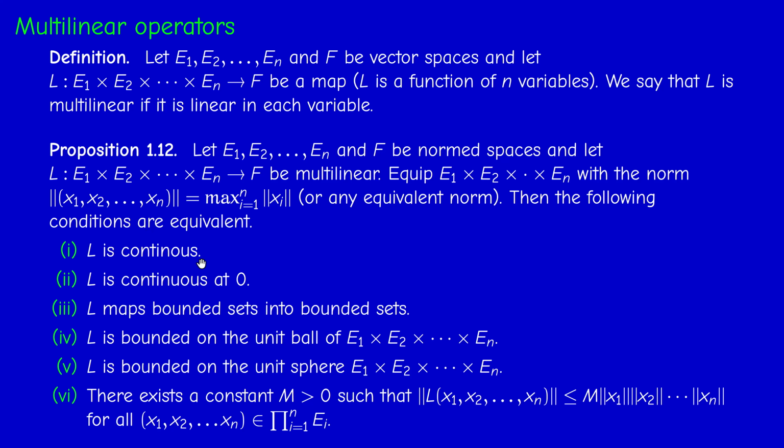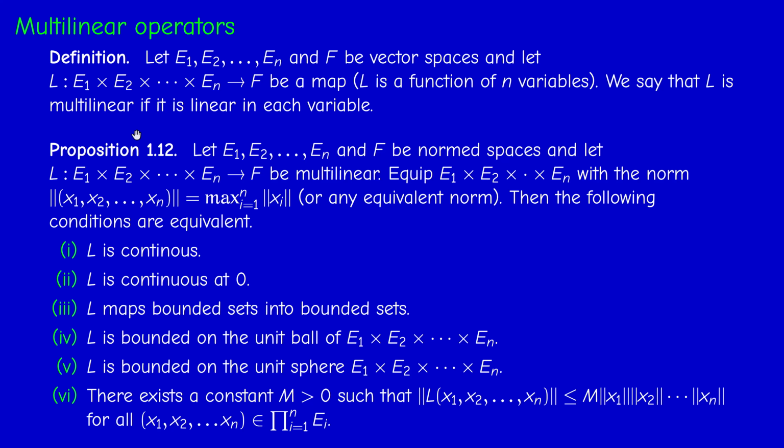So continuity at every point, continuity at the origin, which is (0,0,...,0), boundedness on the bounded sets, boundedness on the unit ball, boundedness on the unit sphere, and this important inequality that the norm of L of an n-tuple is less than a constant times the product of the norms of each component.